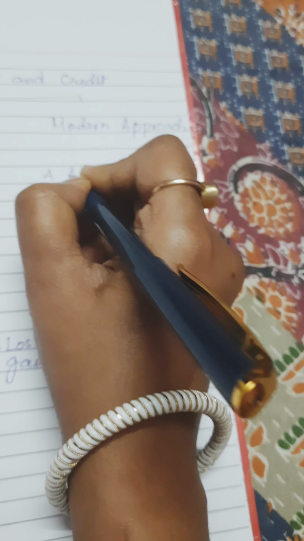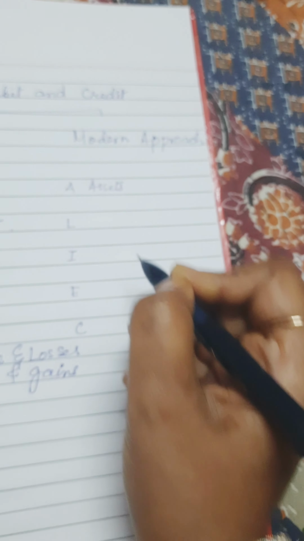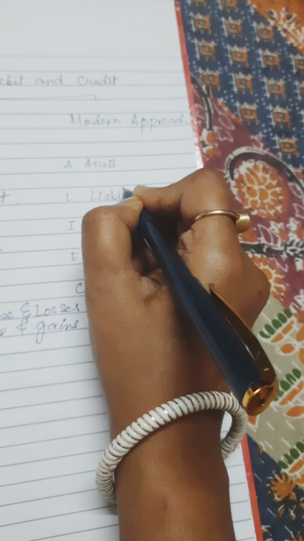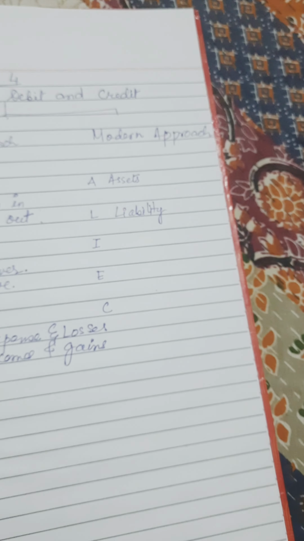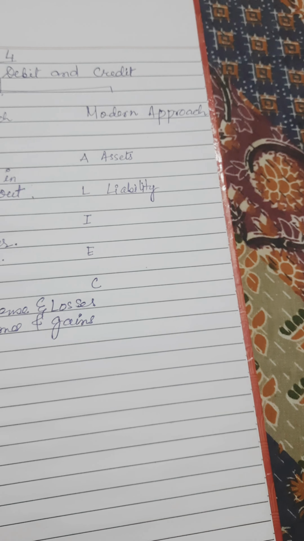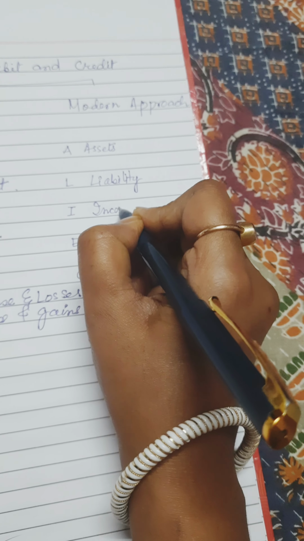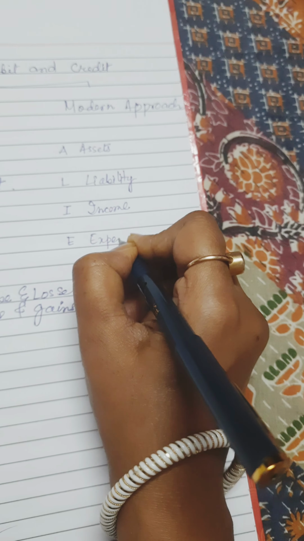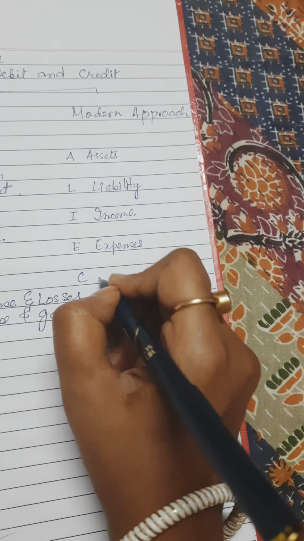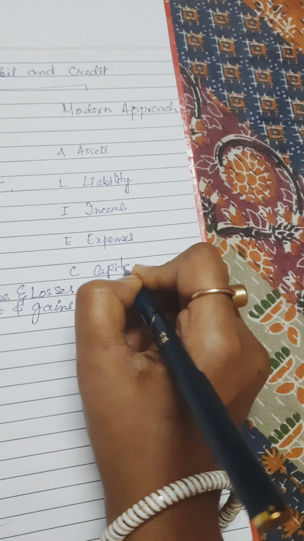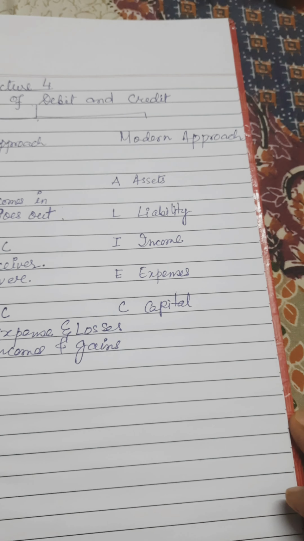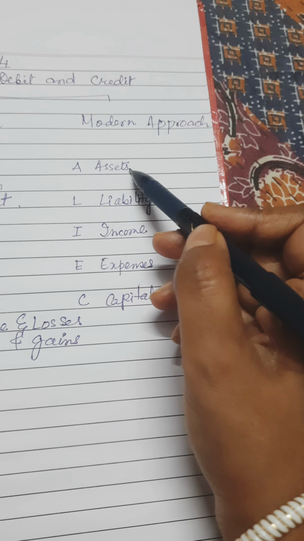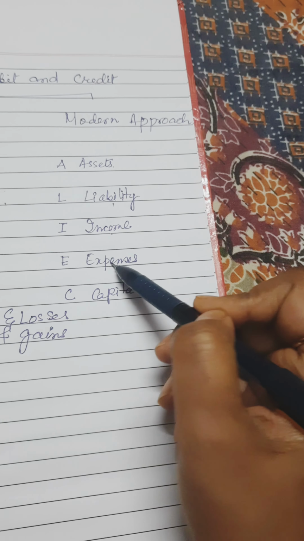I repeat, A stands for assets, L stands for liability, I stands for income, E stands for expenses and C stands for capital. So we have these things in the business: assets, liabilities, income, expenses and capital.